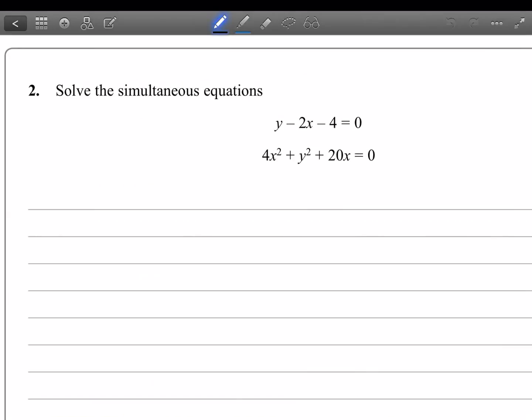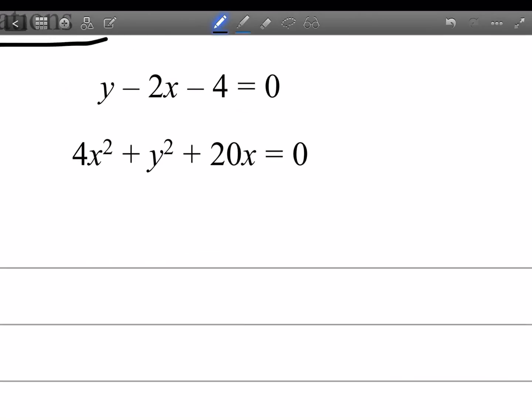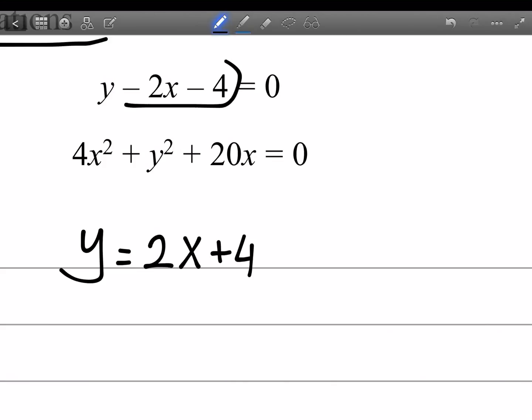It says solve the simultaneous equations. If you look carefully, we can write y is equal to 2x plus 4. Why? Because we take these two terms to the other side, and the sign will change.